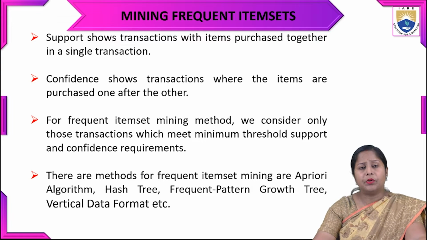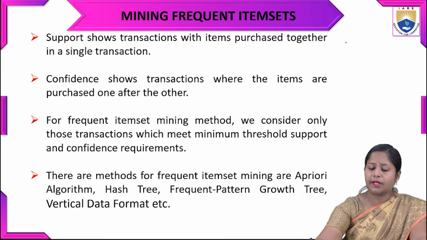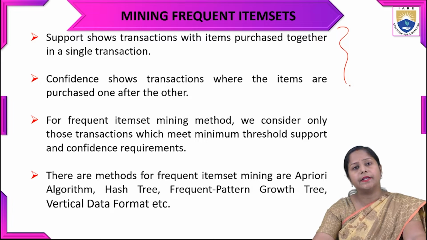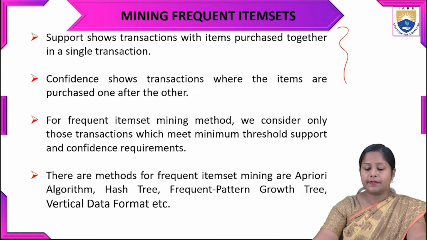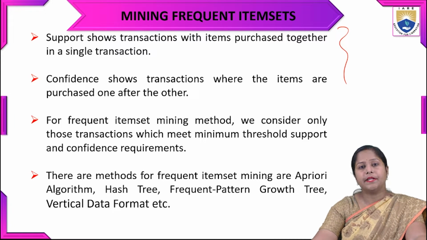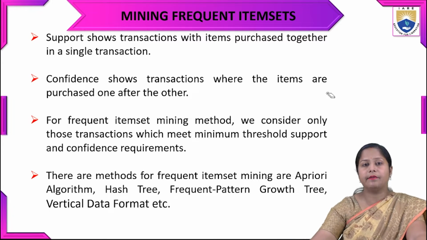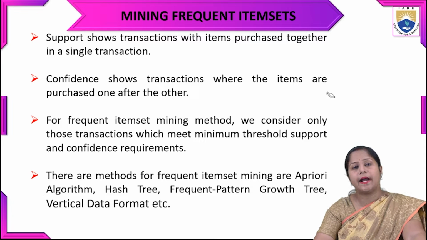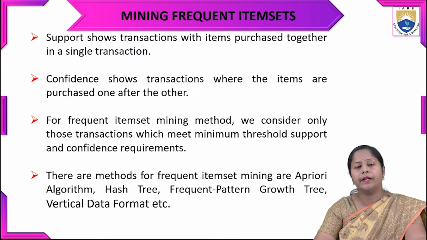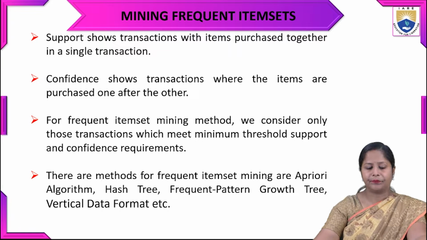Support shows the transactions within which items are purchased together in a single transaction. So what is support? Support is the frequency of purchasing an item in a particular transaction.